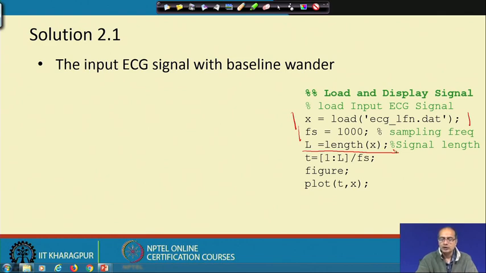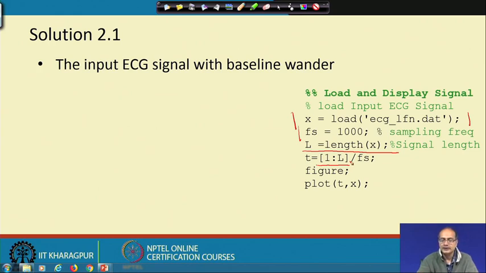Next, we would like to see the plot of the signal. For that, first we need to create the x axis or the time axis. So, we have taken a ramp from 1 to L samples.